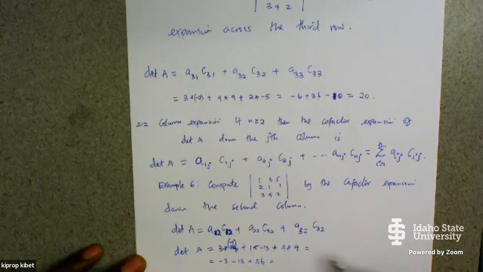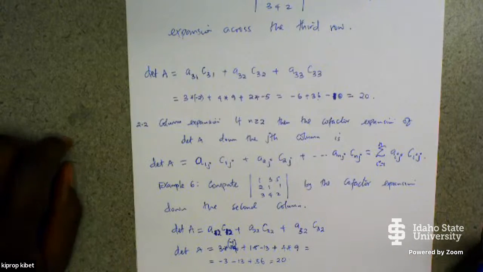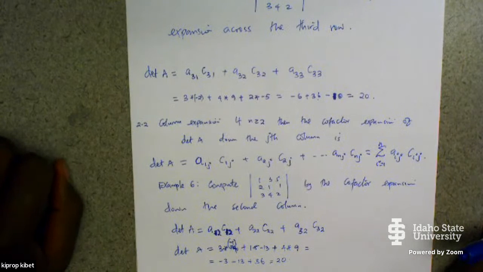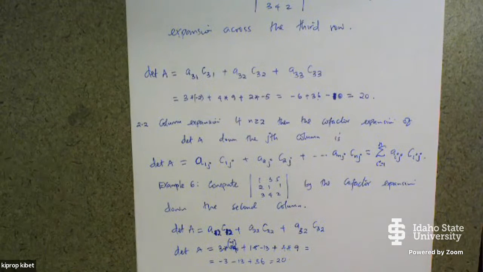That should give us what? 20. Is it giving us 20? Yep. -3 plus -3 minus 3 is what? Yep, it's giving us 20. That's how you do it.